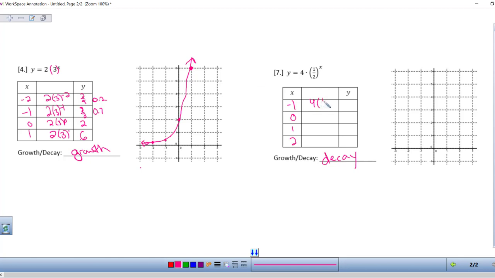Last one, I see this B value is a half, so it should be a decay. 4 times 1/2 to the -1st power is going to be 8. So our graph doesn't quite have 8. We're just going to go off the graph a little bit. We're at -1, 8, somewhere around there. Then we do 0 and we get 4.